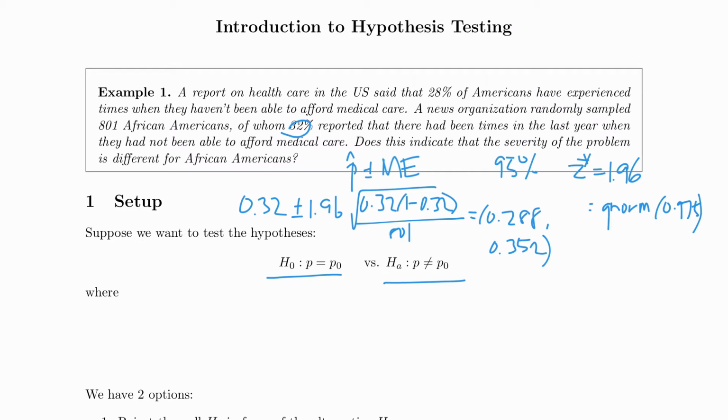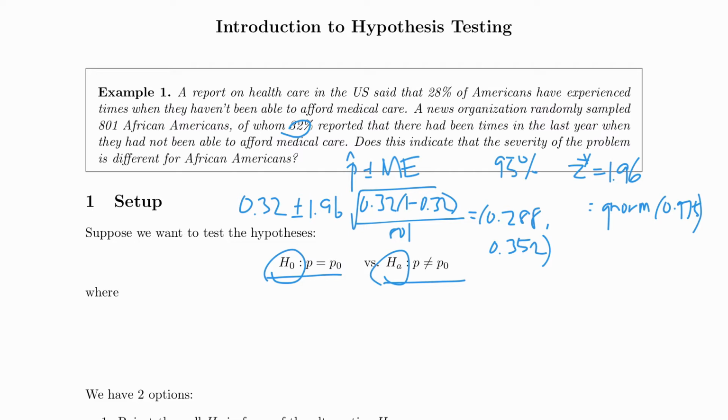Okay, so in this case, the null hypothesis represents the default frame of mind. So in relation to example 1, P is 0.28. And the alternative hypothesis is the claim we are trying to show by collecting evidence from our observations.